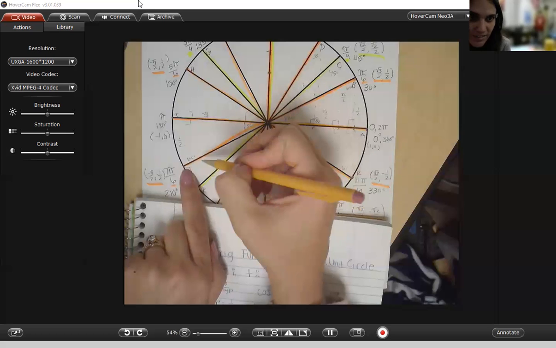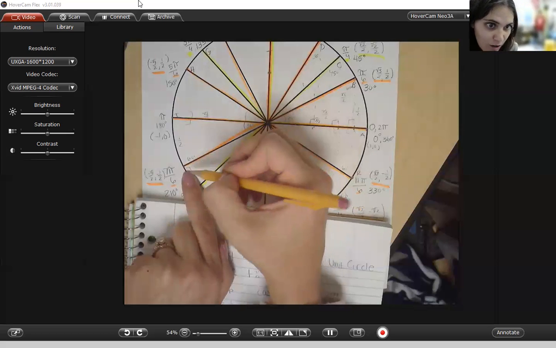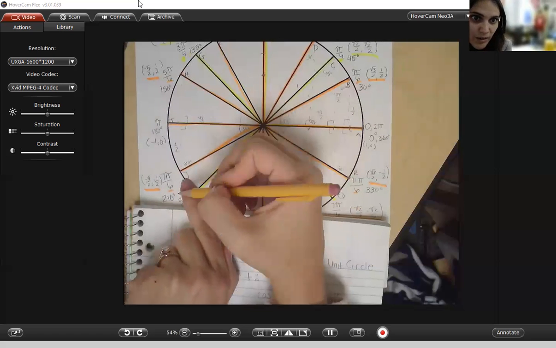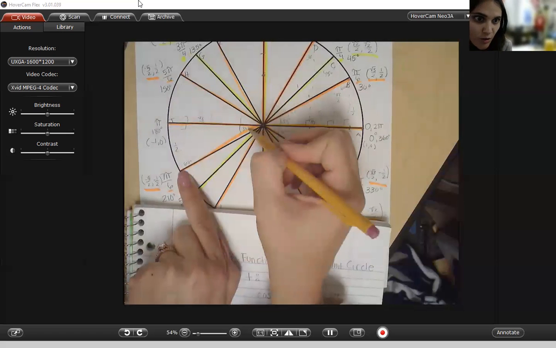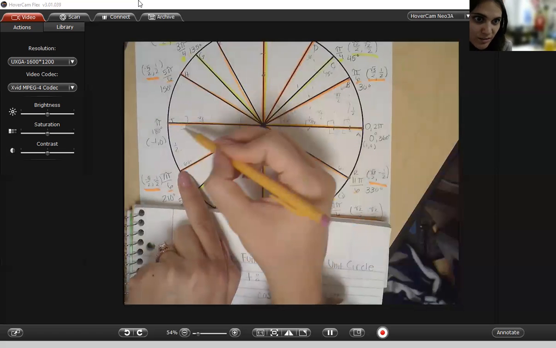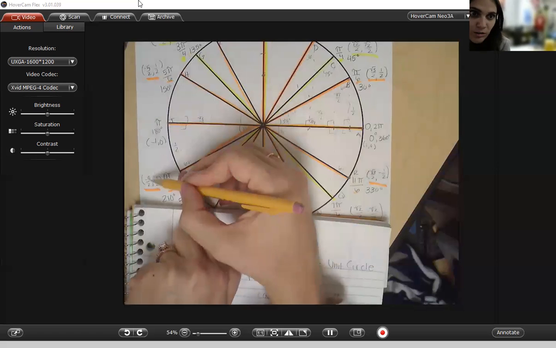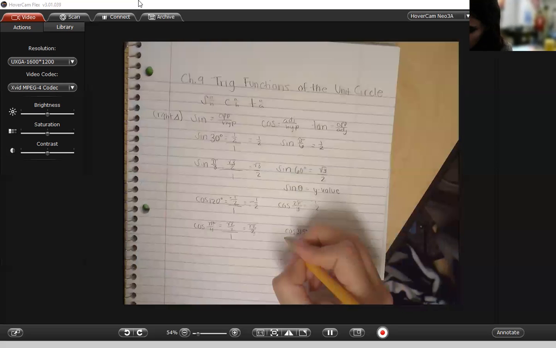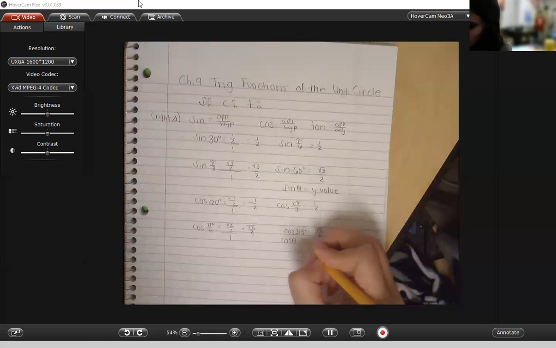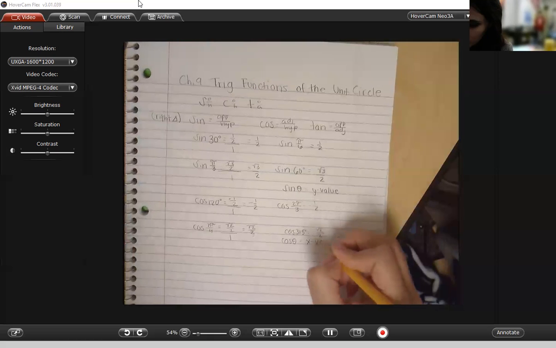Over here at 7 pi over 6, or 210, my adjacent over the hypotenuse, my adjacent is going to be, this side is negative rad 3 over 2 over my hypotenuse, which is 1. So in a unit circle, my cosine of theta will always be my x value.